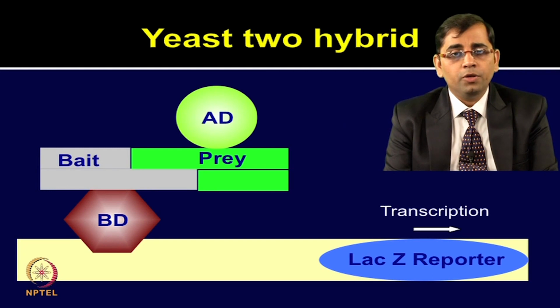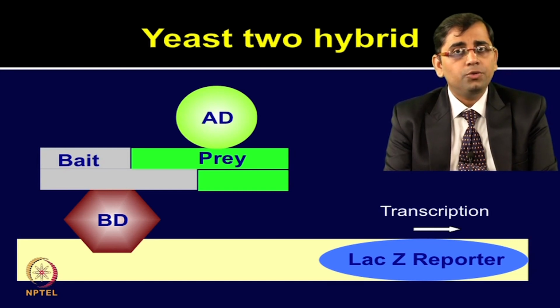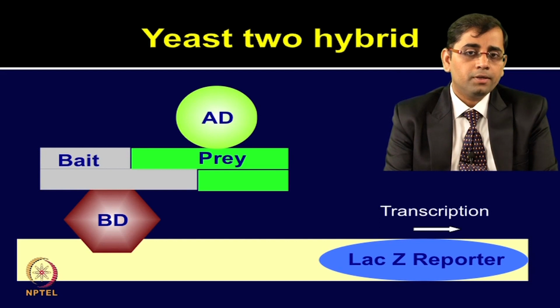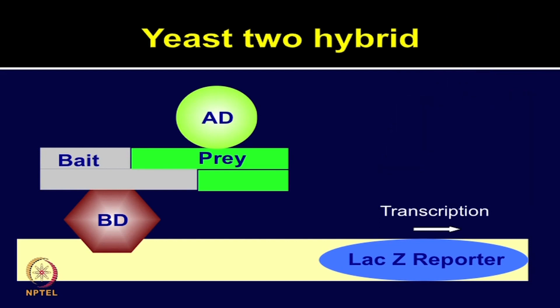AD is the other domain of the transcriptional activator, which is fused with the prey protein. The activation domain, when bound to the DNA binding domain, forms the functional transcriptional activator and brings the expression of reporter genes. So, what are the different advantages of using the yeast two-hybrid system?